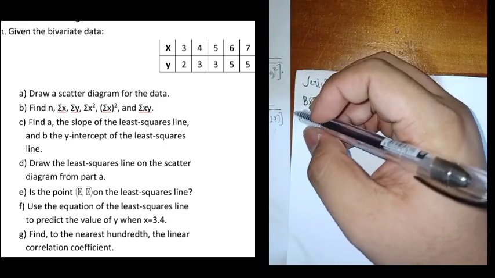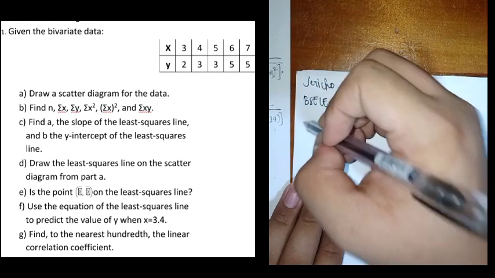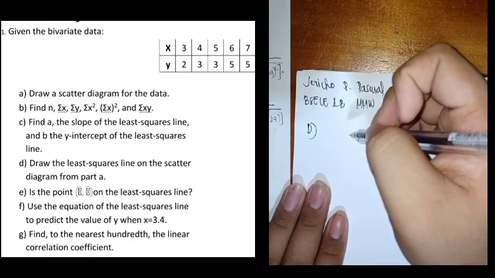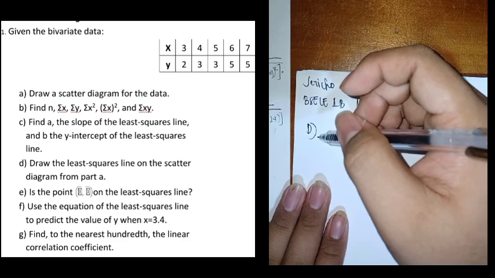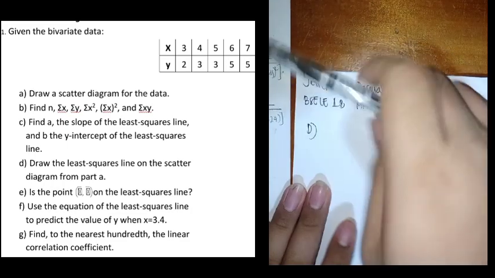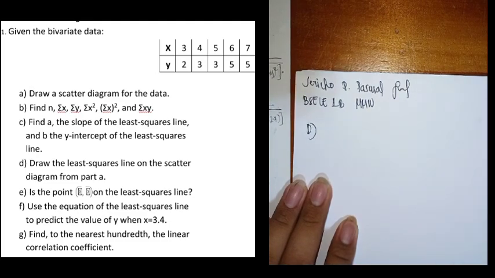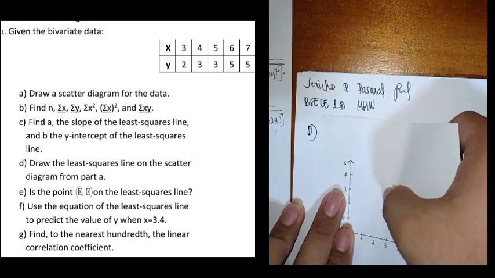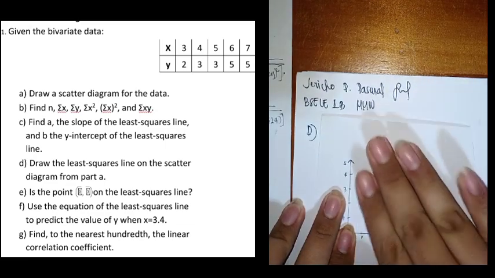For the continuation of problem number 1, we are now in letter D. The problem is to draw the least square line on the scatter diagram from part A. Here I have prepared a Cartesian plane so that all we need to do is plot the points.